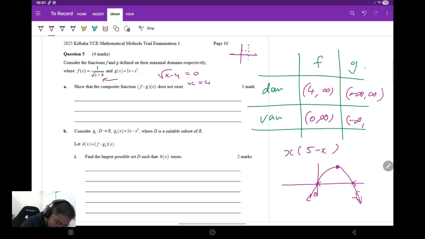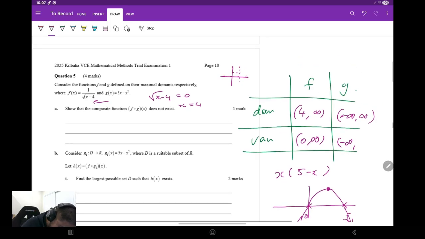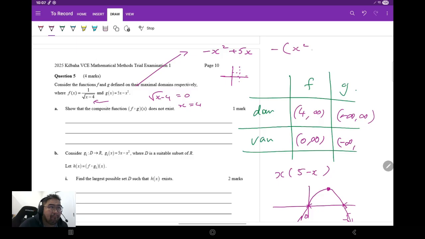So if we do a quick completing the square of this equation, we've got negative x squared plus 5x. Completing the square, that becomes negative x squared minus 5x.